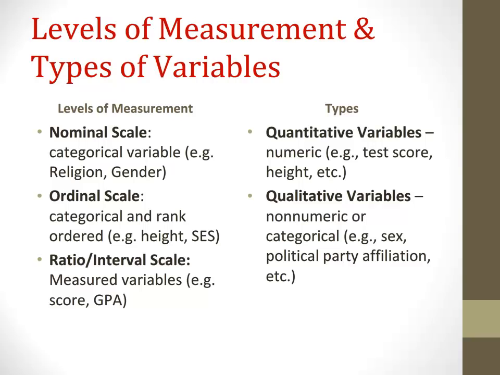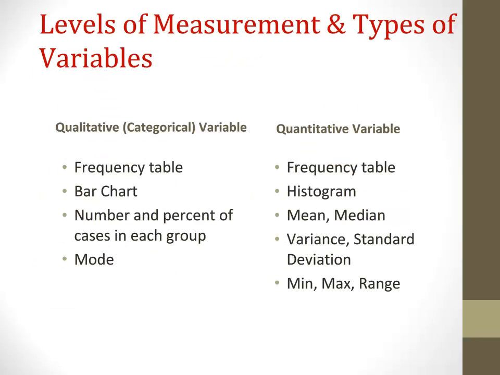Now, for the purpose of this tutorial, we're not going to discuss these different types of variables in depth. For a more in-depth discussion, I encourage you to review the variable tutorial part 1. Now, the type of variable that you have in a research study, or the variable's level of measurement, influences the type of graph that's used and the choice of descriptive statistics reported. Here you can see an example.